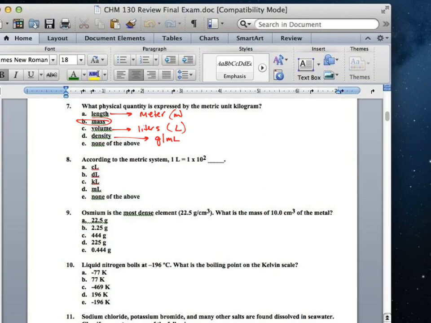According to the metric system, 1 liter equals 1 times 10 to the second. This one's a little bit trickier on how you would go through and process this. So the problem is I know the answer. How do I avoid getting the answer without saying the answer?